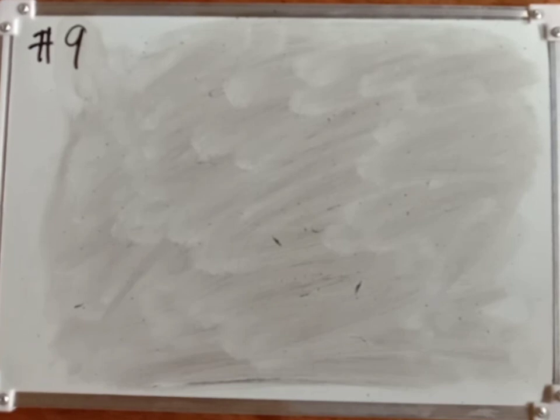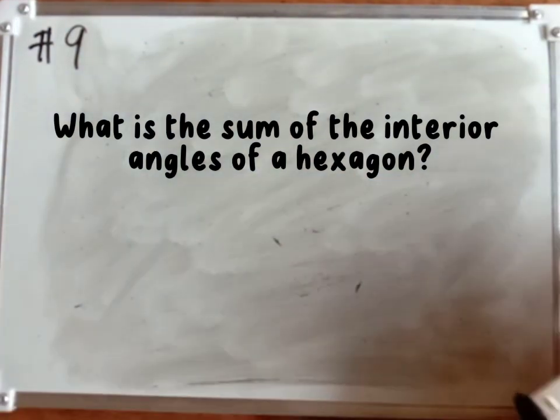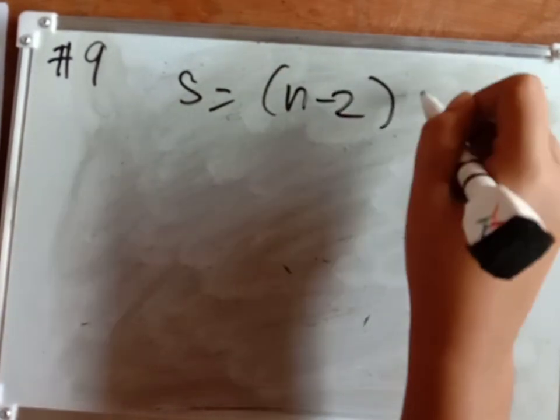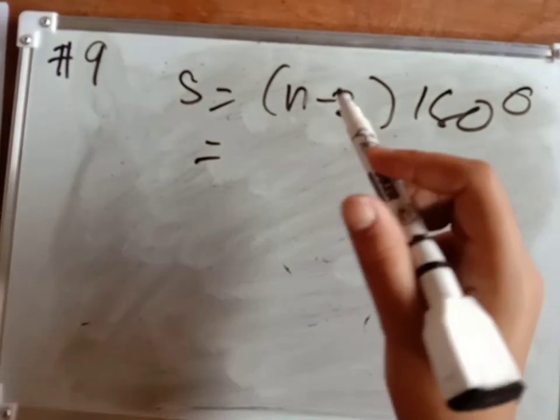Let's now proceed to problem number 9. Our problem number 9 is what is the sum of the interior angles of a hexagon? So by using the formula S is equal to the quantity of n minus 2 multiplied by 180 degrees. So hexagon has 6 sides.